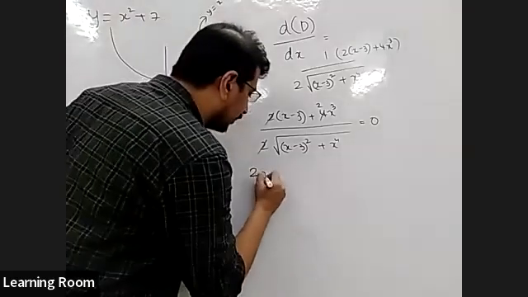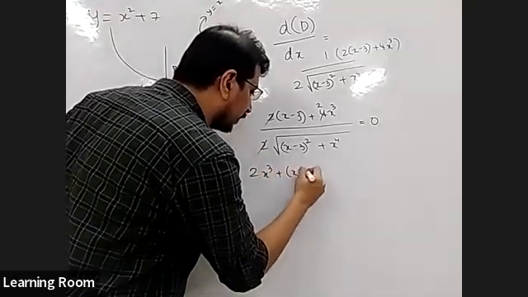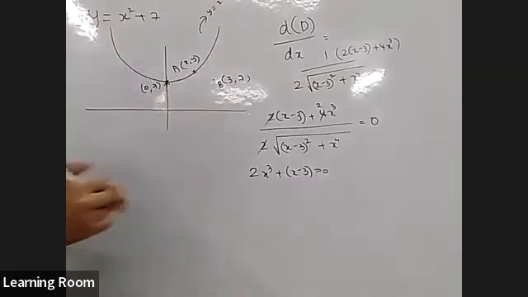So 2x cube plus x minus 3 is equal to 0. Then what will be the answer?